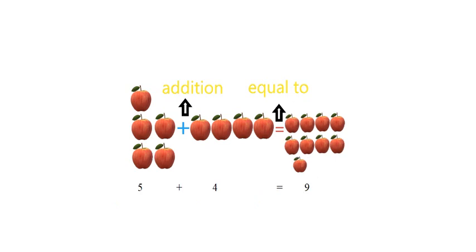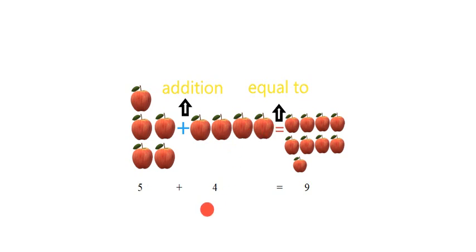Let's count these apples plus these apples equals these apples. How many apples are these? 1, 2, 3, 4, 5. So these are 5 apples plus 1, 2, 3, 4.